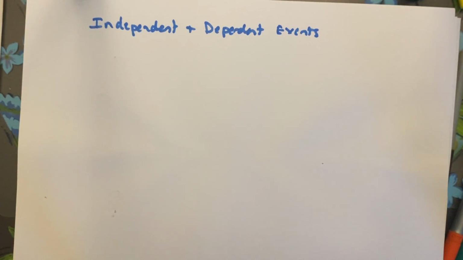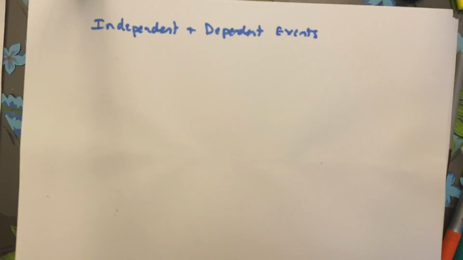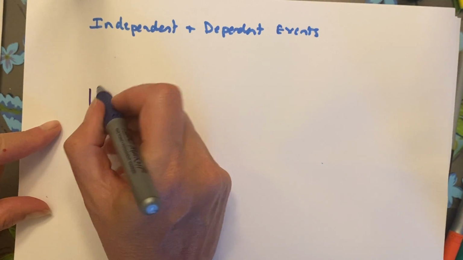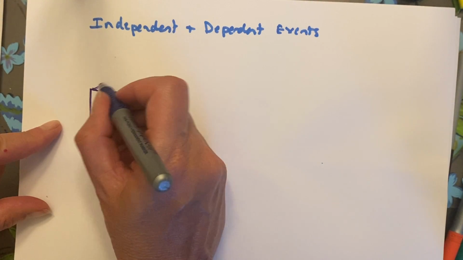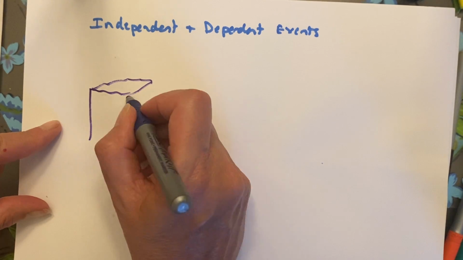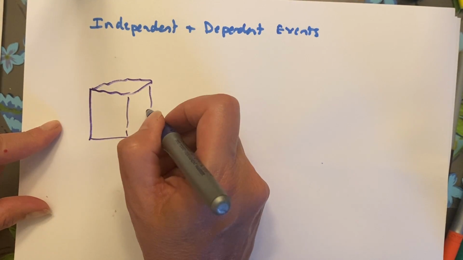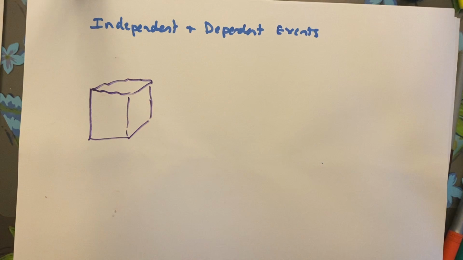So for the independent event, we're going to have a paper bag. Let me see, what color do I want to make my paper bag? I'll make it blue. So I have a bag of marbles, and in that bag I have 1, 2, 3, 4 green marbles.